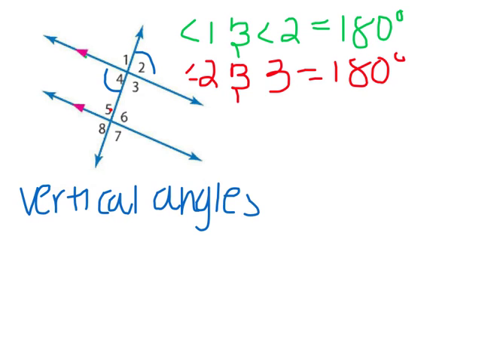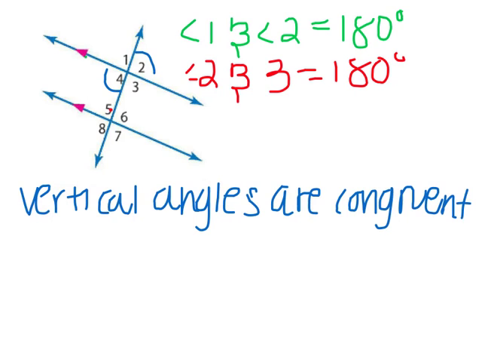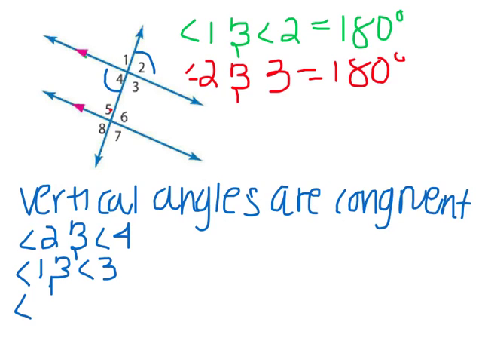They're across from each other. So angle 2 and angle 4 are vertical angles. Angle 1 and angle 3 are vertical angles. Angle 5 and angle 7, angle 8 and angle 6.